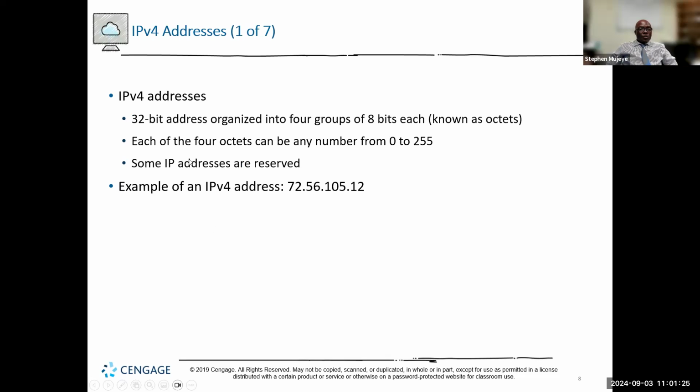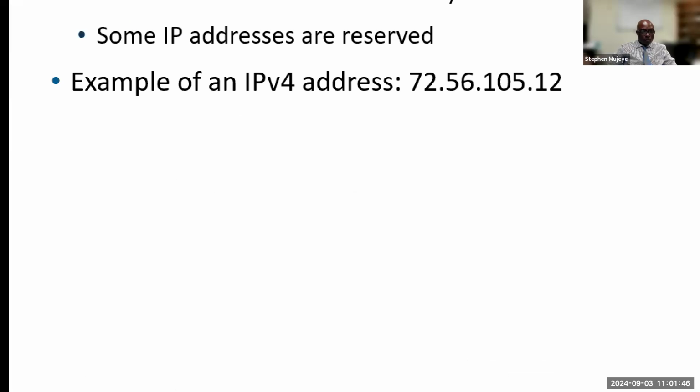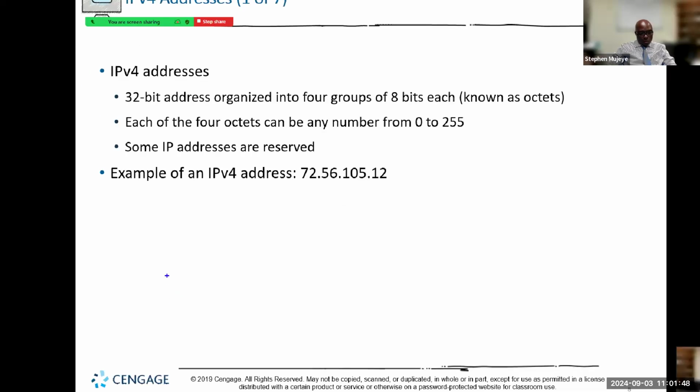All right, so let's talk a little bit more about IPv4. This is a 32-bit address, as I mentioned, and it's grouped into 4 groups of 8 bits. You have a set of 8 bits. So let me come over here.